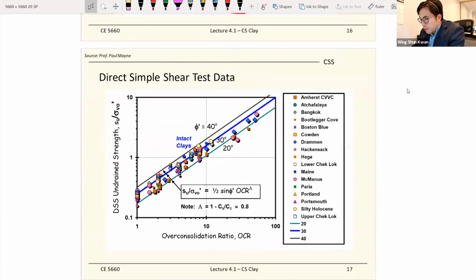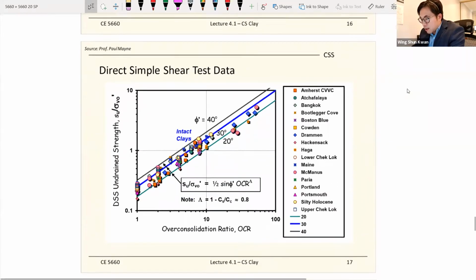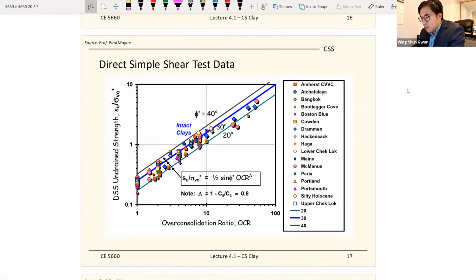And when we try to bring in more data, combining more data and playing with different friction angles, we find the friction angle from 20 degrees to 4 degrees, and we also observe that linear trend.